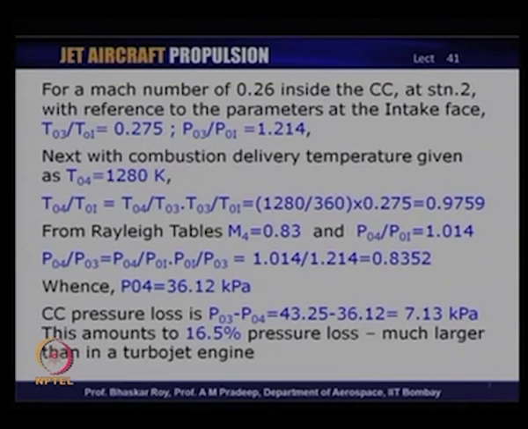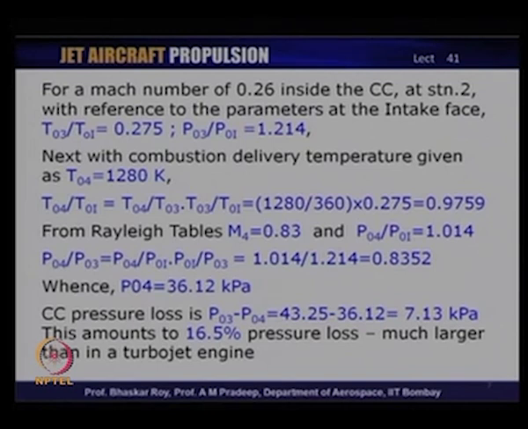Now, from the Rayleigh tables, we can see that the Mach number after the combustion would be 0.83, and the pressure ratio across the combustion zone would be 1.014, and as a result of which we can now find the combustion chamber pressure after the combustion, and that would be P04, and that would be 36.12 kilopascals.